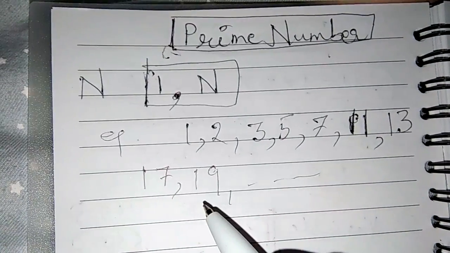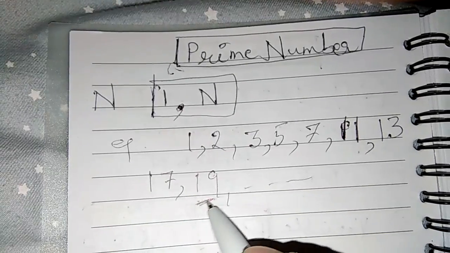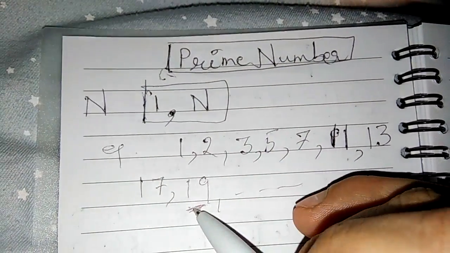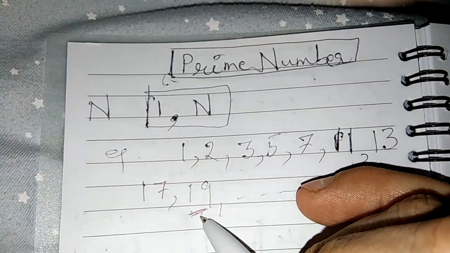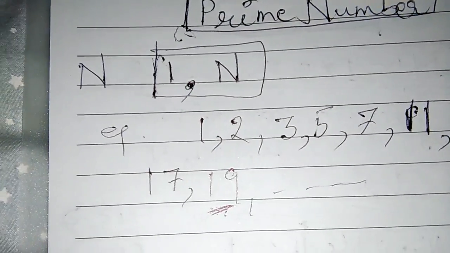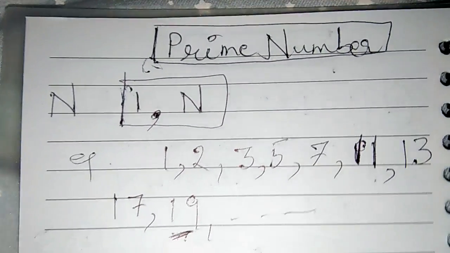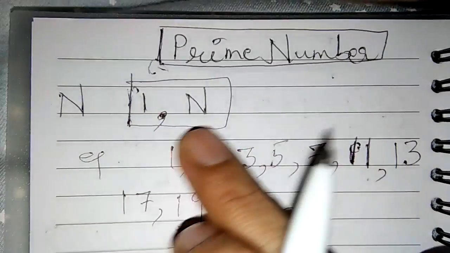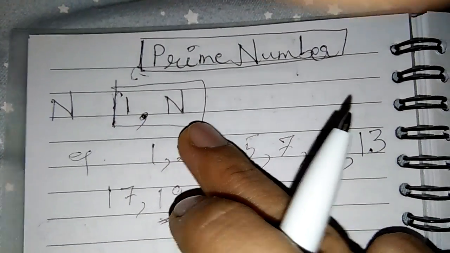So you can see every number is divisible by either 1 or by itself. That is, 19 is only divisible by 1 and 19 itself. It will also not have any factors. The number which does not have any other factor other than 1 and itself is a prime number.